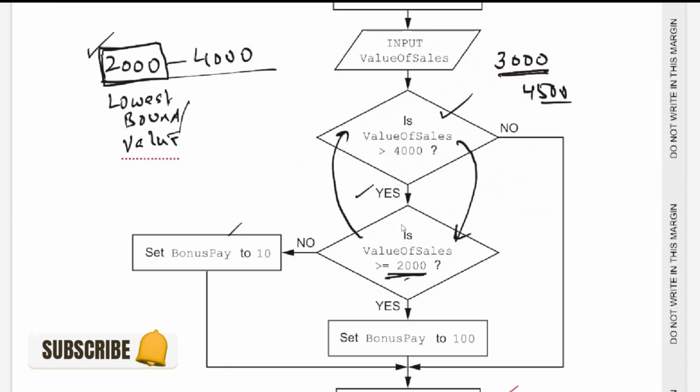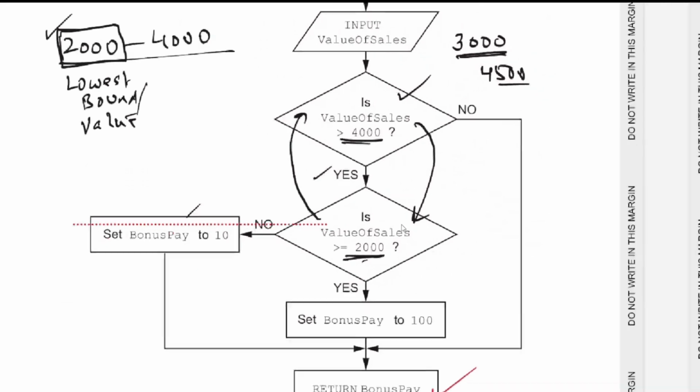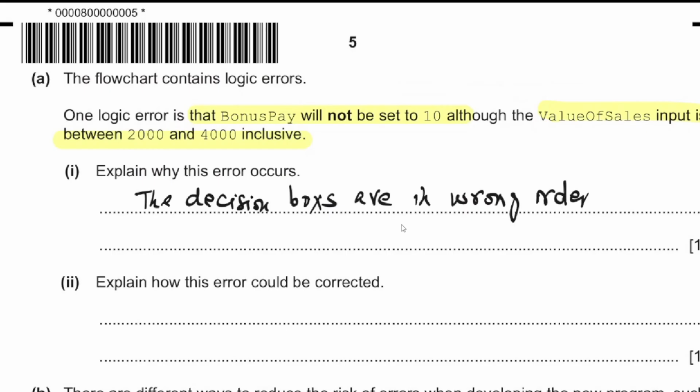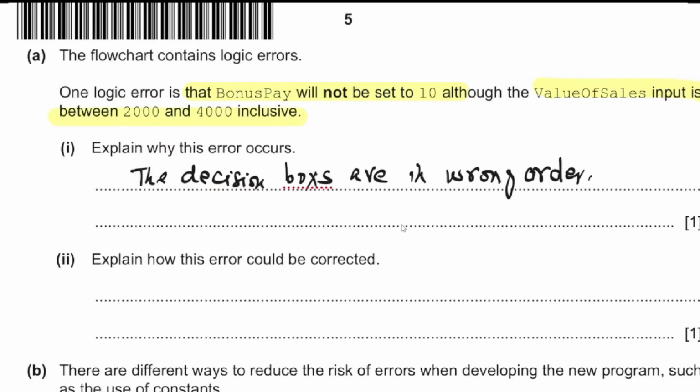First, it should check 2000 and then it should check 4000. All right. So what we can write over here, to explain why this error occurred, is that the decision boxes are in the wrong order. So this is enough for it.